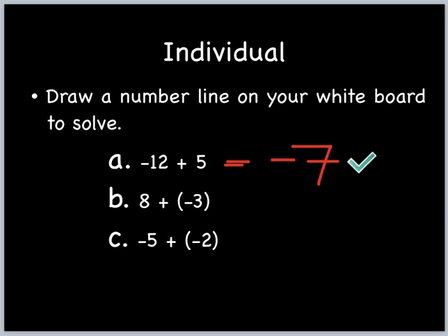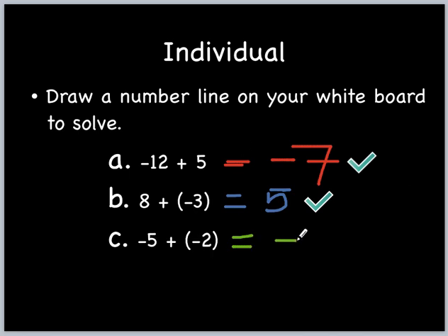For now letter B, that is addition of a negative to the 8. That means your answer should be 5. If you have 5 as your answer, that means correct. And letter C, for negative 5 and negative 2, that means you add a negative number to a previously negative number.